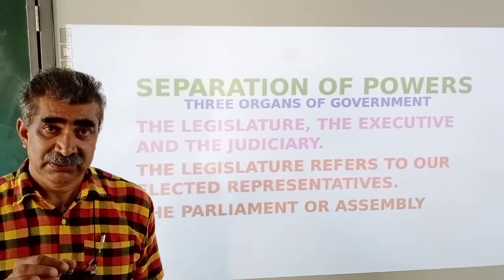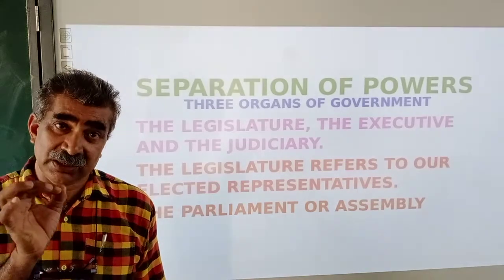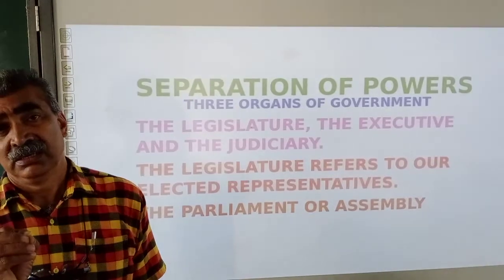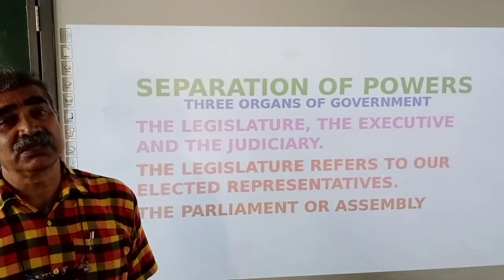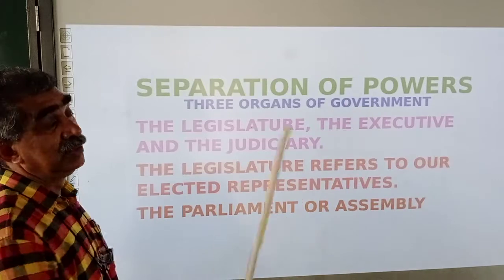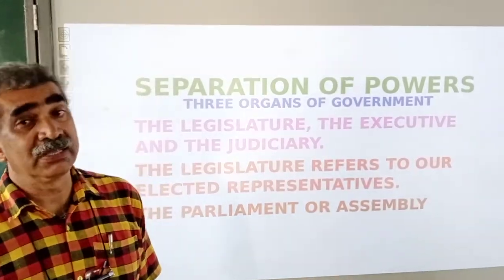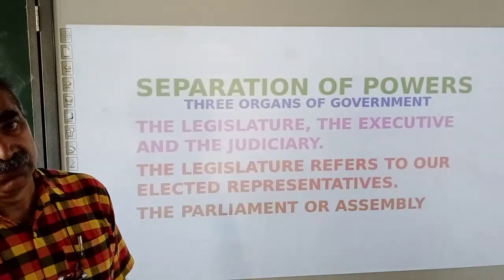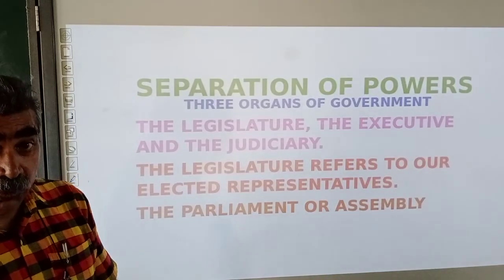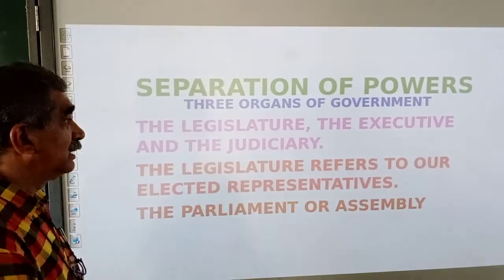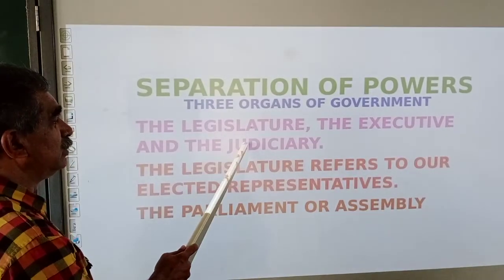Government has three organs, but the most visible organ of the government is known as the executive. Visible means we can see it everywhere present. That is the executive. There are two equally powerful organs, known as the legislature and the judiciary.